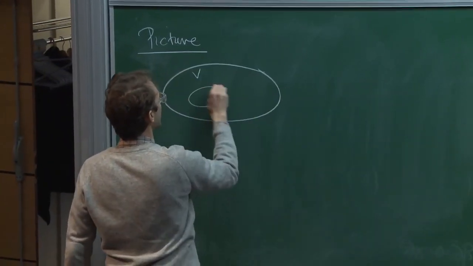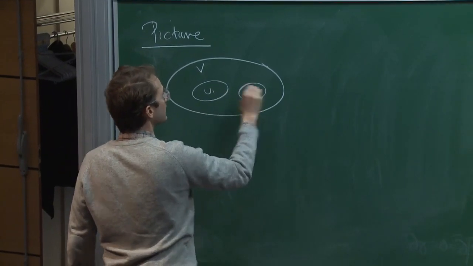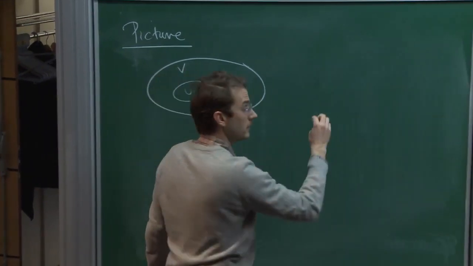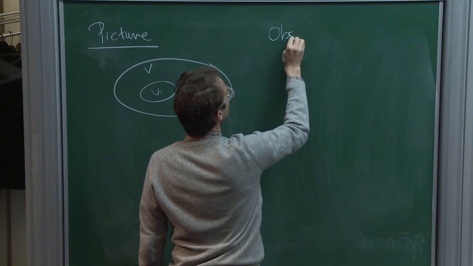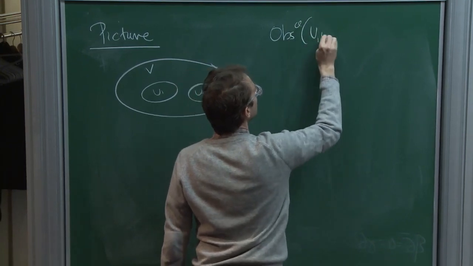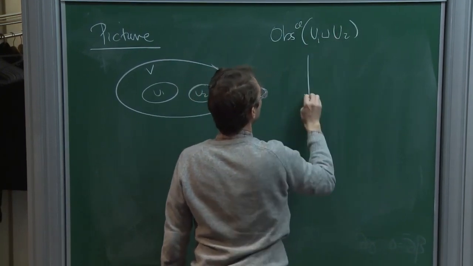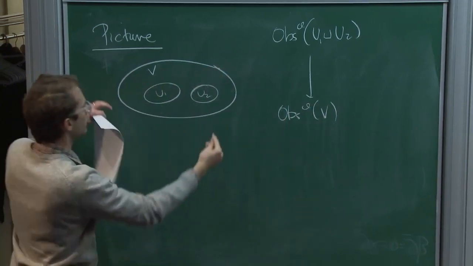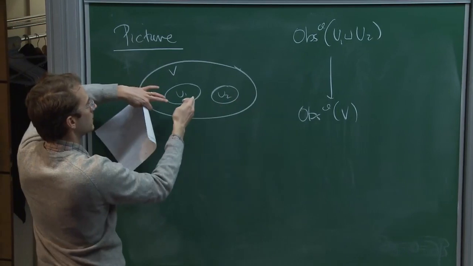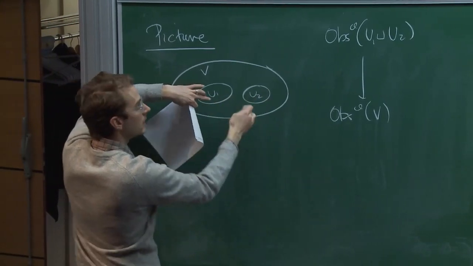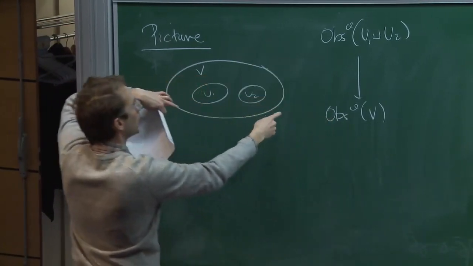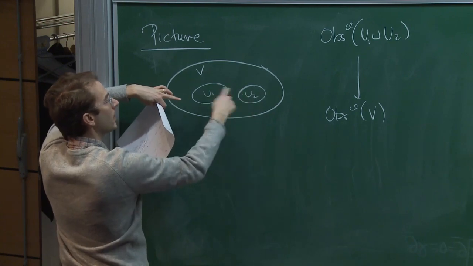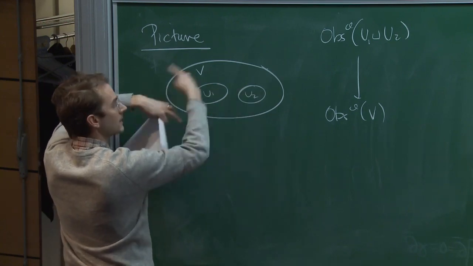If you have some big open set and two smaller disjoint open sets inside of it, since a field on the big open set V restricts to a field on U1 and one on U2, functions go the other way. You can pull back functions from fields on these smaller open sets to fields on the big one.